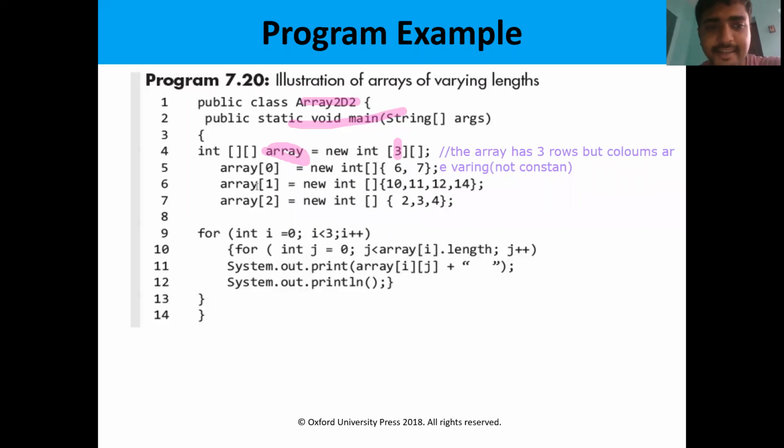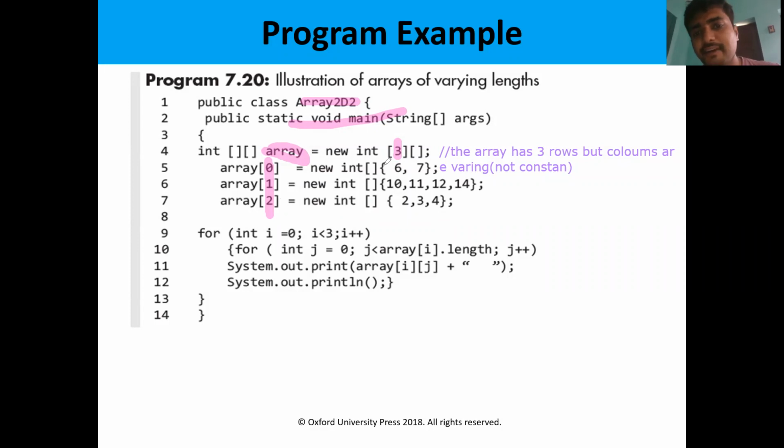So let us assign manually. We can access the variables by using the index values. While declaring the array, I said that all the values are accessed by using the index values. So these are the index values. Array of 0, that means first row. Array of 1, second row. Array of 2, third row.